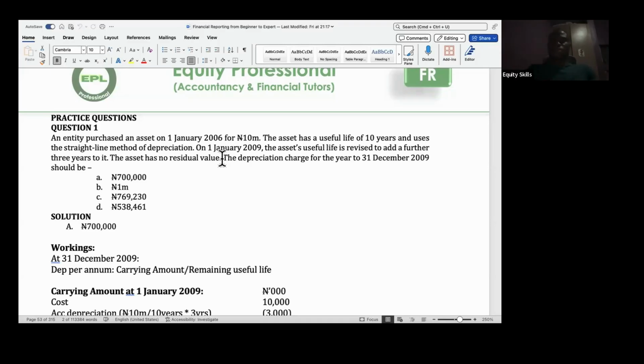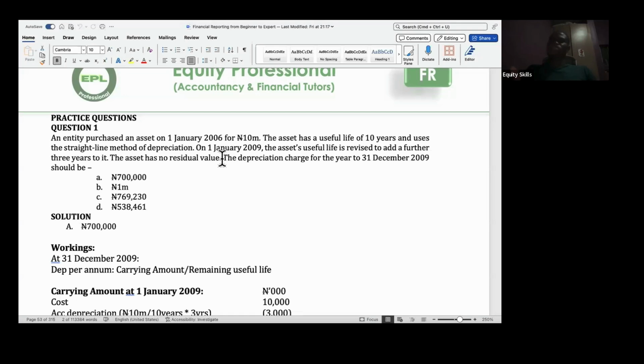This gain or loss on disposal is computed by comparing the carrying amount of the asset with its sales proceeds. When the sales proceeds are higher than the carrying amount, that's a gain. If it's the reverse, that's a loss.